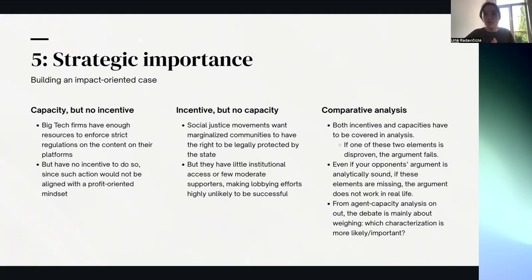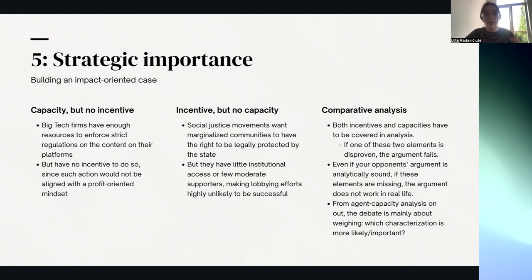As long as you prove that someone doesn't have the incentive to do it, even if they have the money, the argument is not going to stand. As long as you prove that they don't have the resources to do it, even if they really want to, the argument doesn't stand. Therefore, you have to be very strategic about the ways in which you refute arguments.